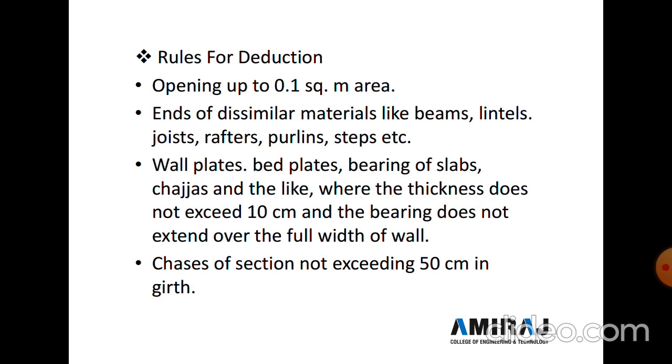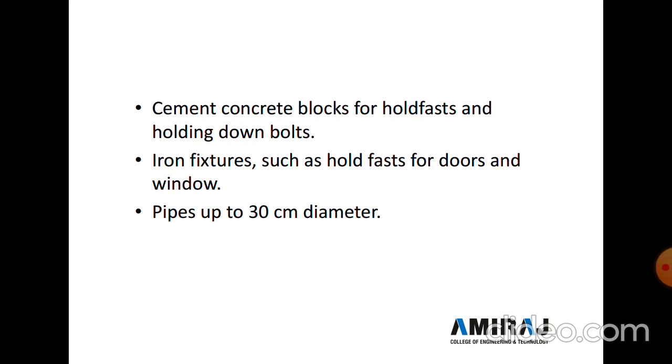Chase of section not exceeding 50 centimeter in girth, cement concrete blocks, holdfasts and holding down bolts, iron fixtures such as holdfasts for door and window, and pipes up to 30 centimeter diameter. So these are some of the rules for deduction.